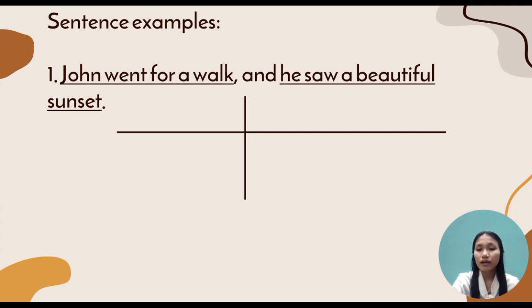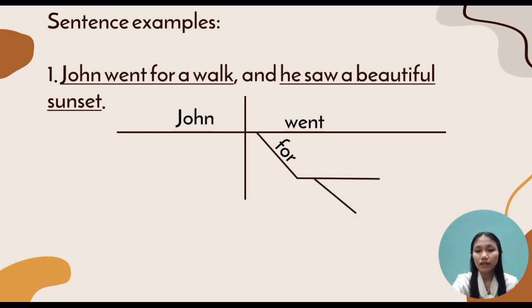And for our subject, John should be written on the left corner of our diagram, and for our verb, it should be written on the right corner of our diagram. And the word that is modifying our verb should also be written on a slanting line.